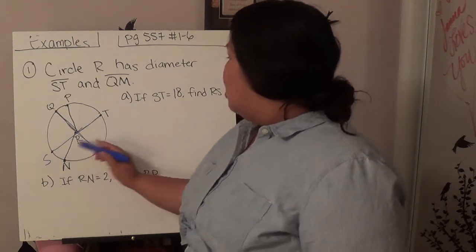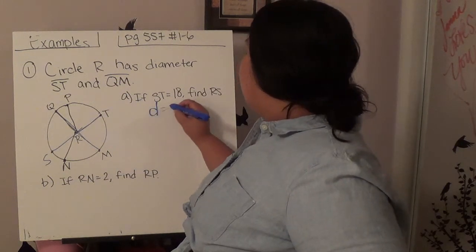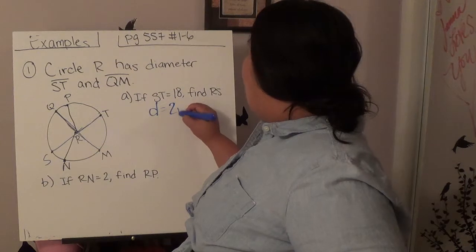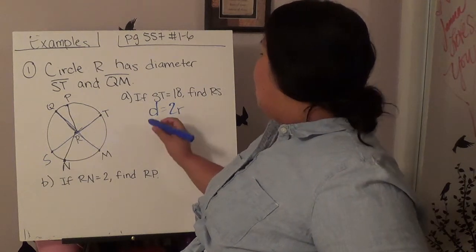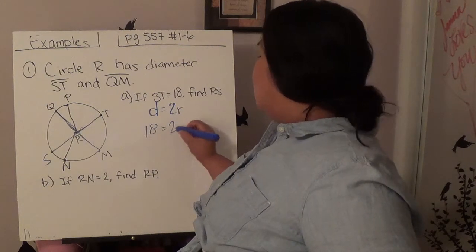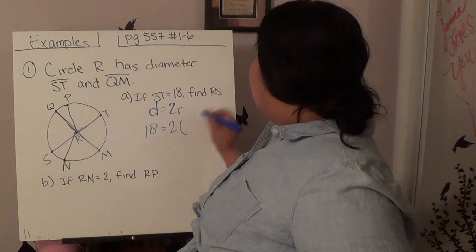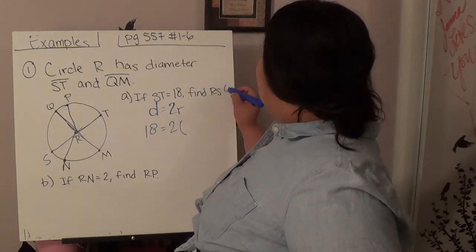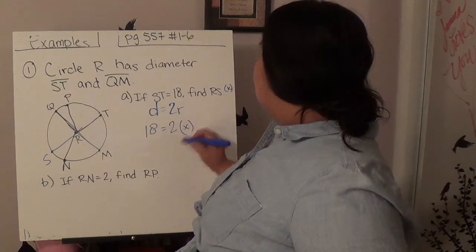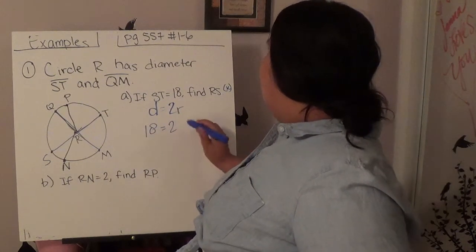This is RS. Okay, so we know that the diameter equals 2r. So if I know the diameter is 18, and I need 2 times the radius, which is going to be RS, or we'll call it X, it would be 18 equals 2X.